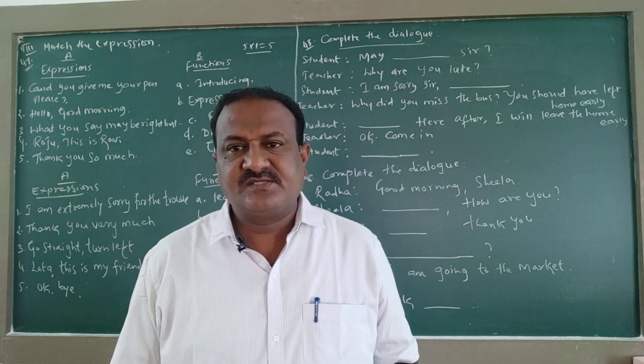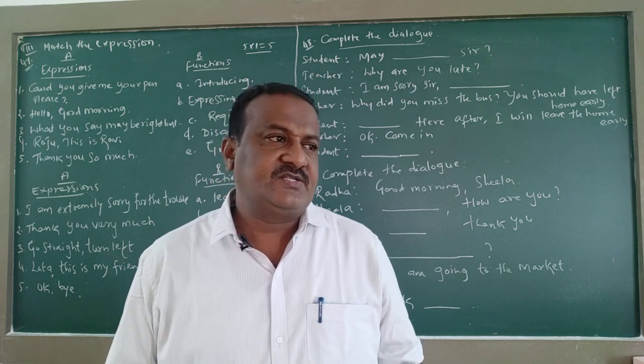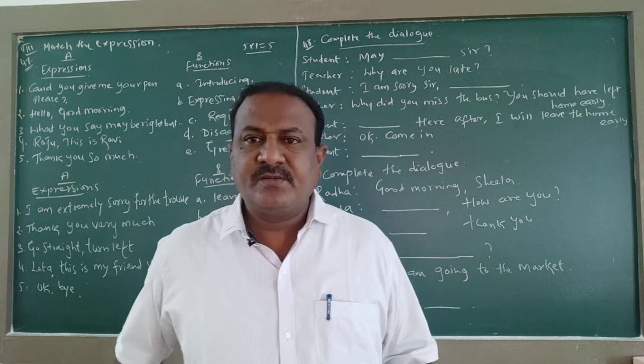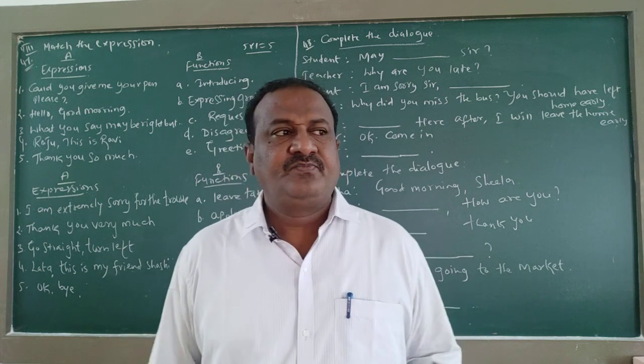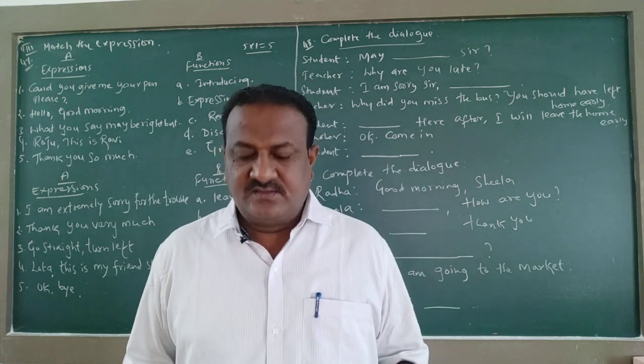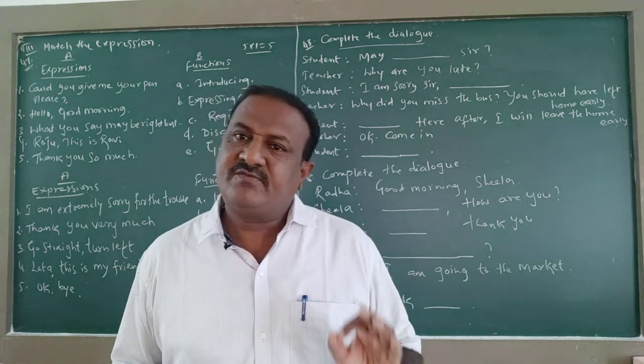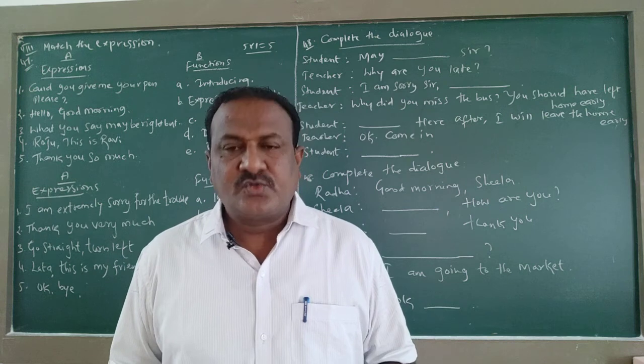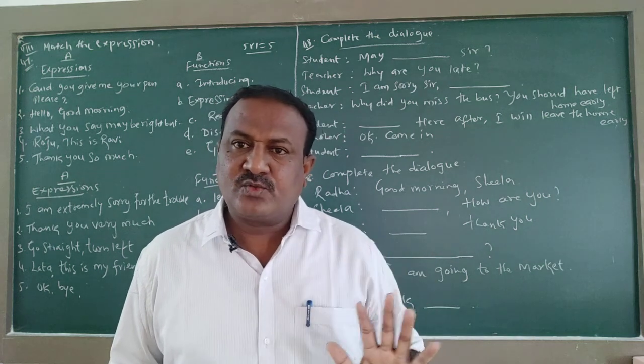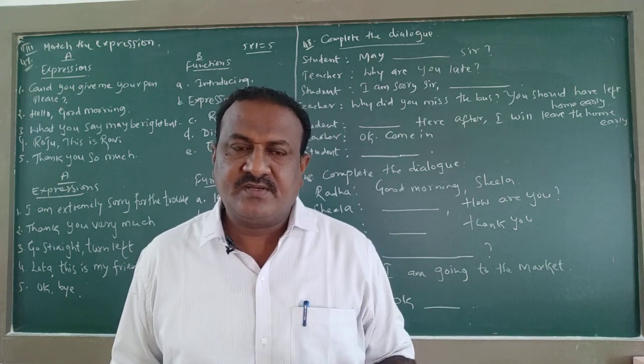Two examples are enough for you to understand, and in your question paper they may ask from question numbers 47, 48, 49. 49 is the last question. 1 to 49 questions will be there in your question paper.